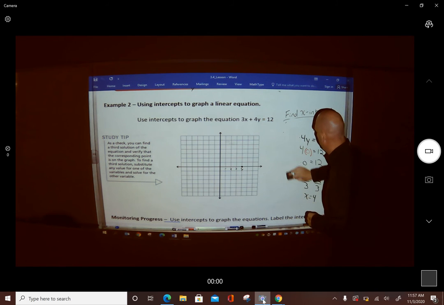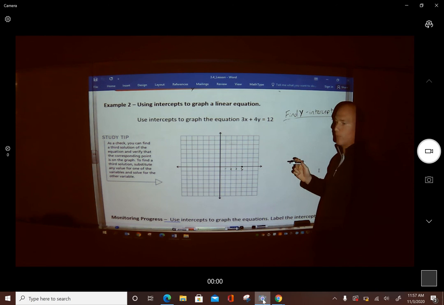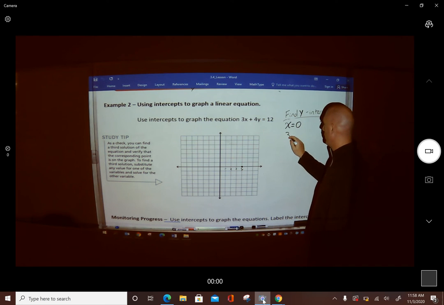So now to find the y-intercept. Well, to find the y-intercept, what do I know? X must equal 0. So then I can go to my equation and be 3 times 0 plus 4y equals 12.